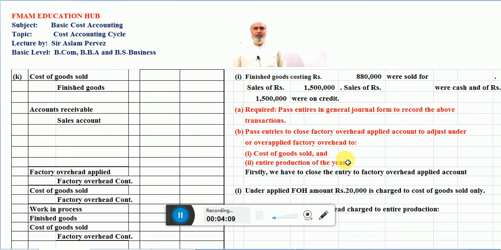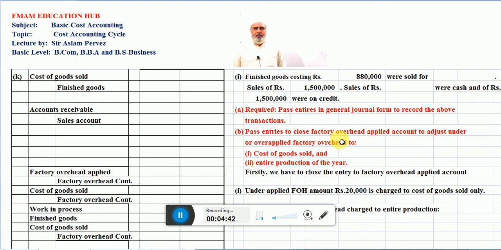These are the three entire factors. The over applied or under applied factory overhead is charged to these three: work in process inventory, finished goods inventory, and cost of goods sold.